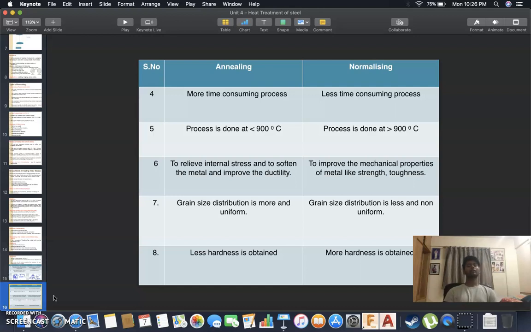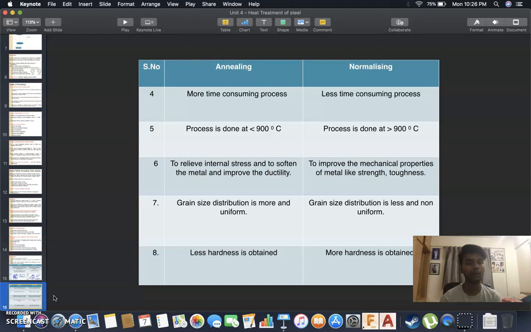In annealing, less hardness is obtained because heating is done at less than 900 degrees centigrade and cooled at a very slow rate, like 10 to 30 degrees centigrade per hour. So due to that, the distribution of grain size is uniform and less hardness is obtained.